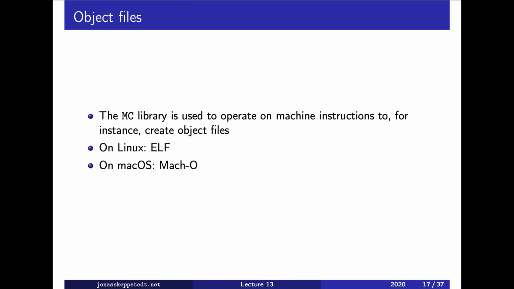So the MC library is for producing object files such as ELF on Linux and Mach-O on Mac OS. And they are the files which we get when we compile with the -c flag or produce an executable binary file.